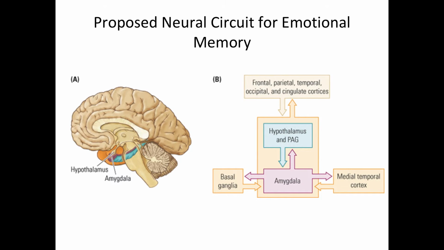In addition, the amygdala also links to the implicit memory system through its connections with the basal ganglia. As you can see right here, it connects to the hypothalamus and periaqueductal gray matter, but it's also connected to other systems through the basal ganglia and the medial temporal cortex. Eventually the information will go to frontal, parietal, temporal, occipital, and cingulate cortices.